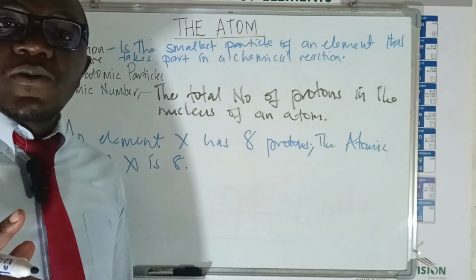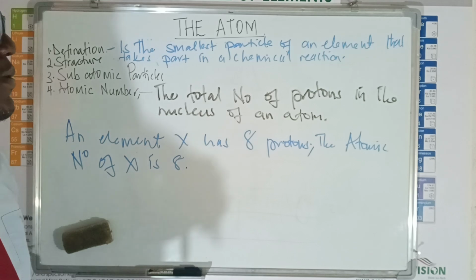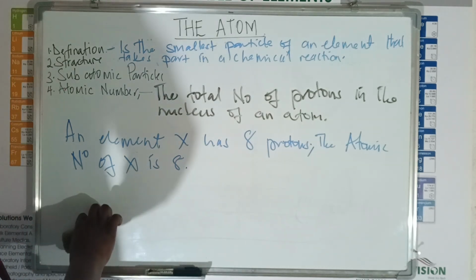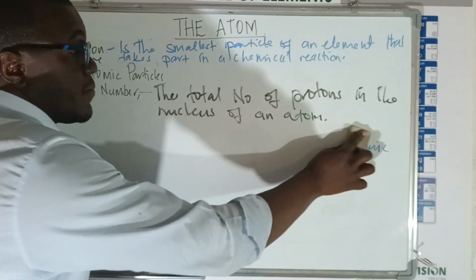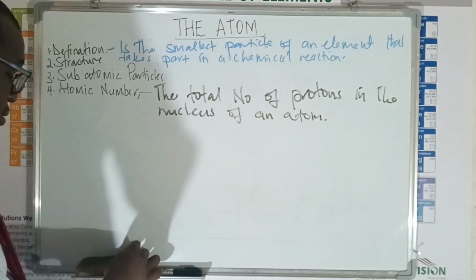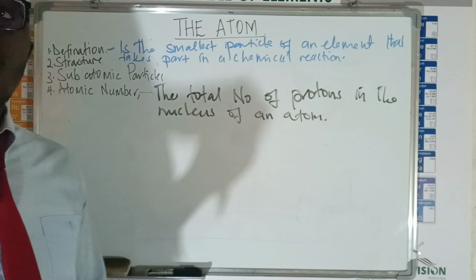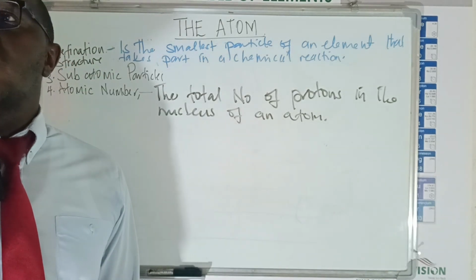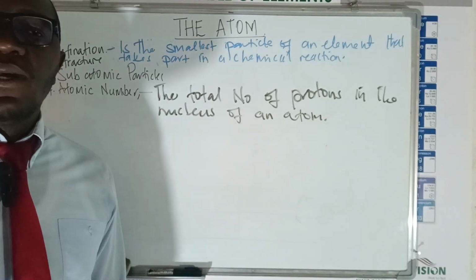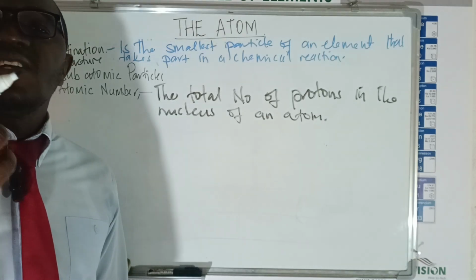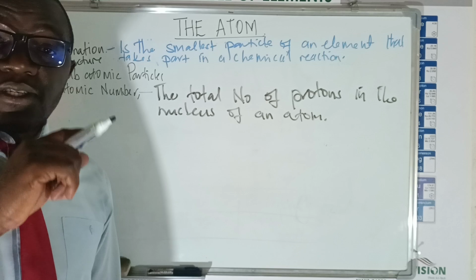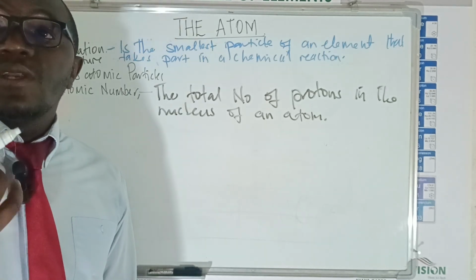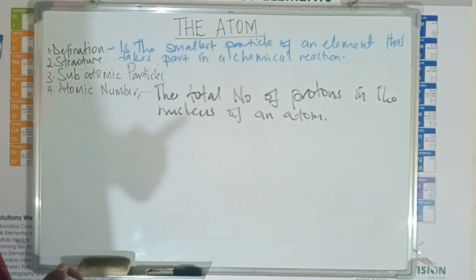So the number of protons in the nucleus of an atom determines its atomic number. So I believe that is clear. For example, if you come across an element with 8, like we have said, then you just know straight away that element is oxygen, because oxygen has 8 protons in its atoms. So that is very clear.